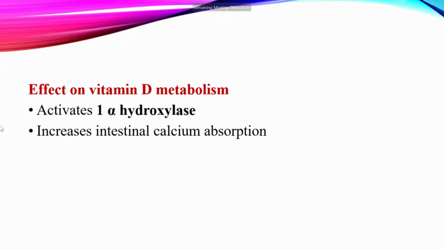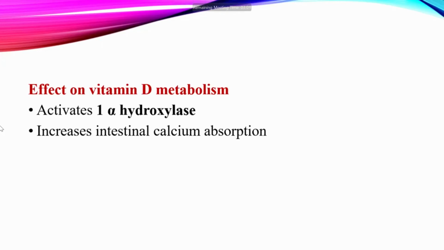And this calcitriol acts on the intestine, which increases the absorption of calcium and phosphate from the intestinal lumen. The source of this calcium and phosphate is generally dietary. So parathyroid hormone increases the absorption of calcium and phosphate, but its action on the intestine is secondary, not direct.